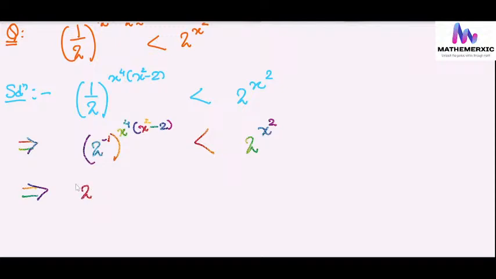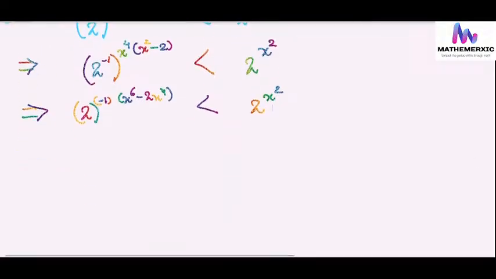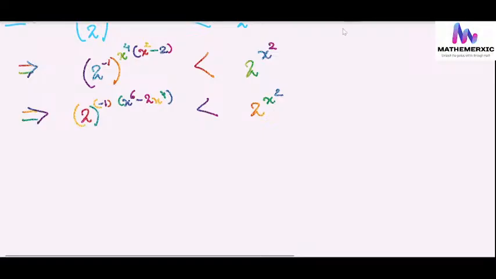So 2 to the power minus 1 will be in the multiplication here, okay? So minus 1, and this is x to the power of 6 minus 2 to the power of x to the power of 4, 2 to the power of x square. We have to understand how to proceed, okay?